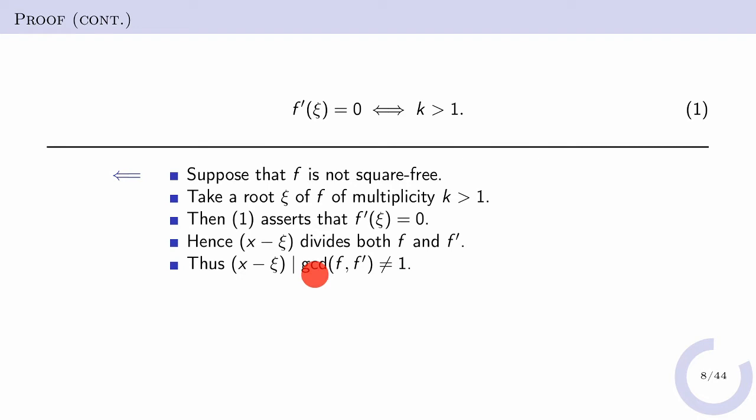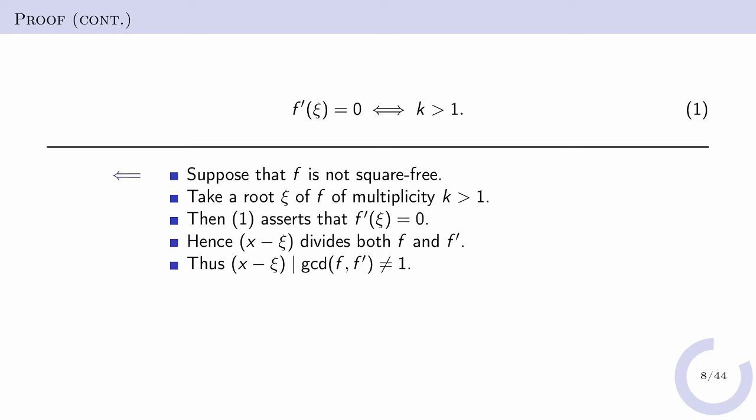And if it divides the greatest common divisor, this greatest common divisor cannot be trivial because it is divisible by a non-trivial polynomial. This is again a contradiction. This contradiction follows from the fact that we supposed that f is not square free. This way we have proved this theorem.